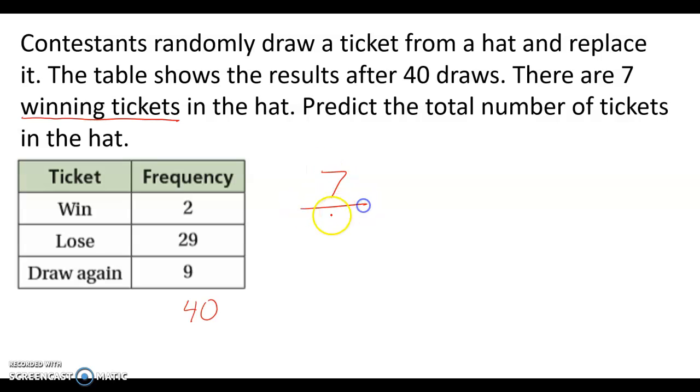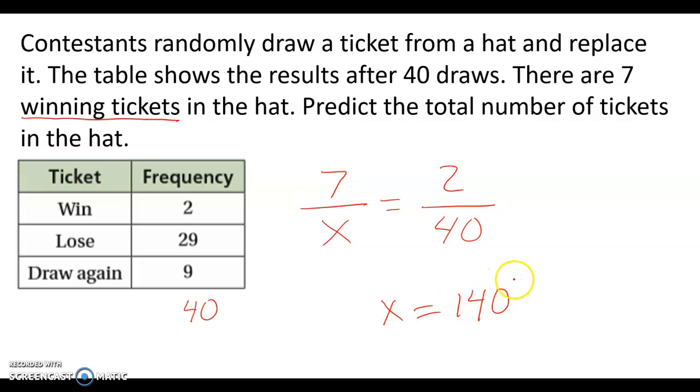So 7 out of, and we don't know the total. And according to their experiment, they got 2 winning tickets out of 40 turns. So we would set it up like this. So now we do our cross products. 7 times 40 divided by 2. And you would predict that there would be 140 total tickets if there were 7 winning tickets there.